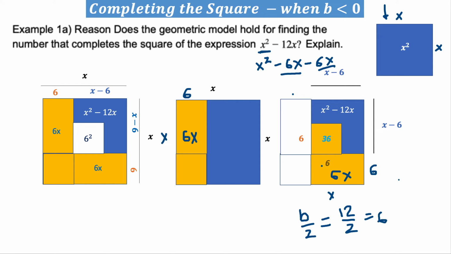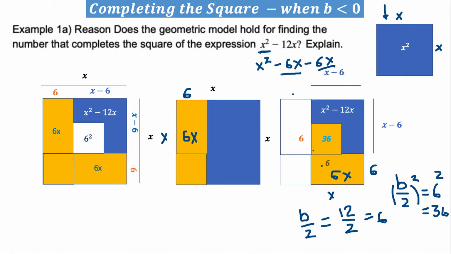And the other criteria is b over 2 squared. What is going to be b over 2 squared? It is going to be equal to 6 squared, because b over 2 is already 6, but b over 2 squared is 6 squared, which is equal to 36. So we have 36 here.